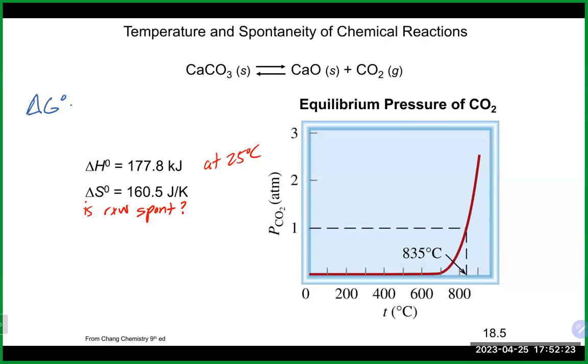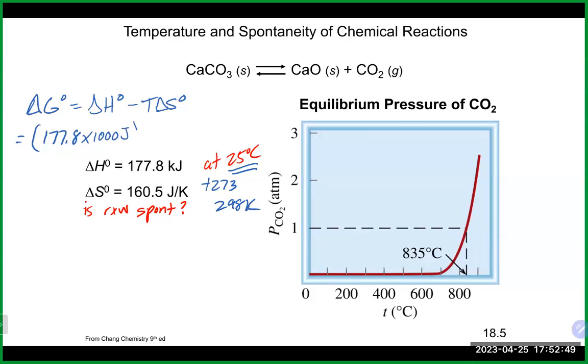We're going to roll with this equation: delta G equals delta H minus T delta S. In this case, we're just going to plug it in. We do want to convert the temperature into Kelvin, so we add 273 to get 298 Kelvin. Our delta H is 177.8, and I am going to multiply it by 1,000 to convert it to joules so everybody's in the same unit.